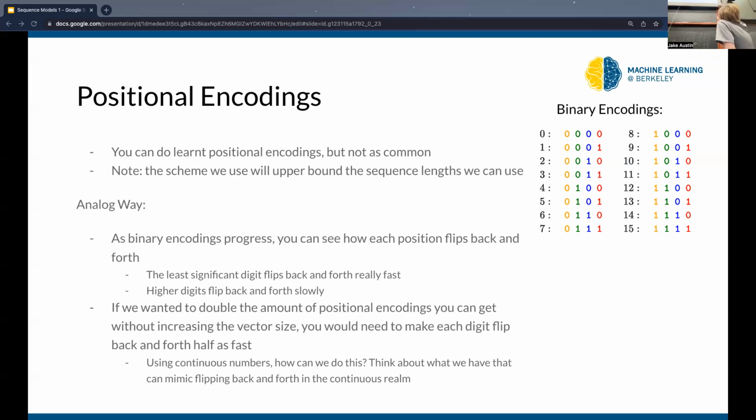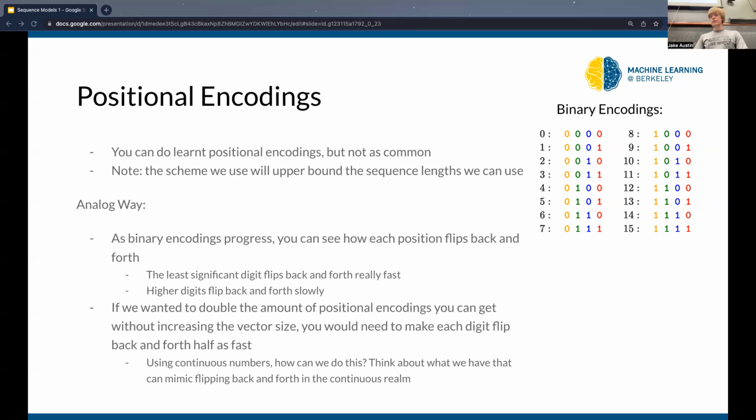The problem with a binary encoding, the reason it's somewhat undesirable, is that if you'd like to still use a length 4 positional encoding but your max sequence length is like 32, you're out of luck, because with 4 digits you can only represent 16 unique time steps.